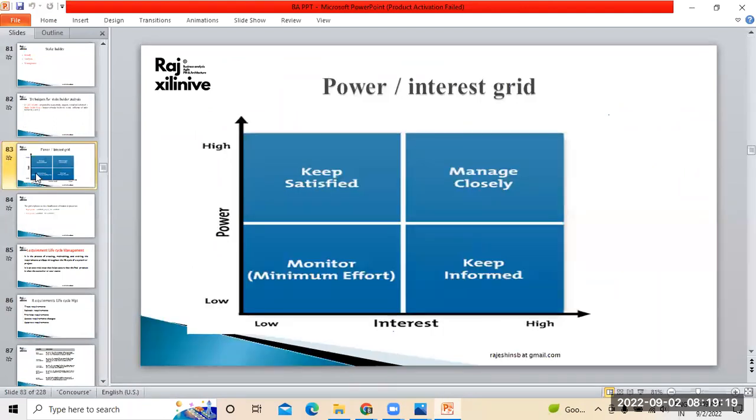Here, if you can see, this is what it generally is. One is power, second is interest. So based on power and interest, stakeholder identification will be done first.